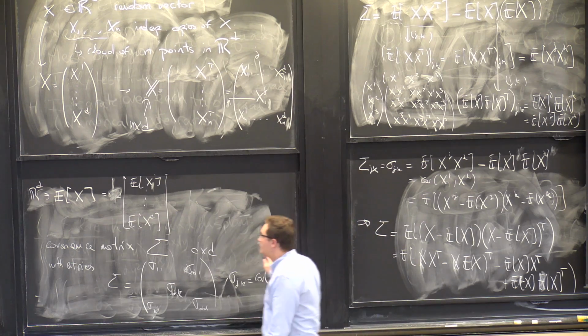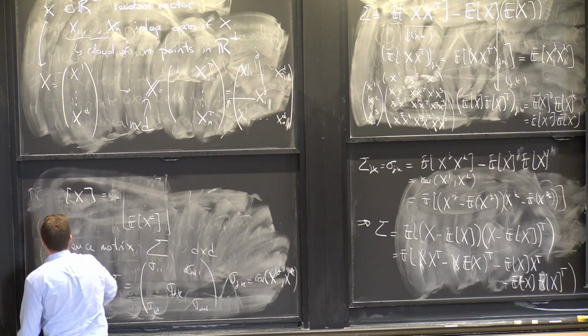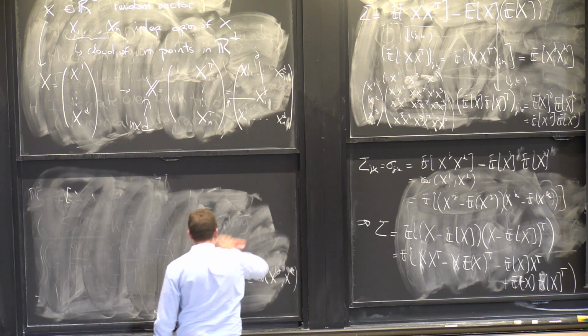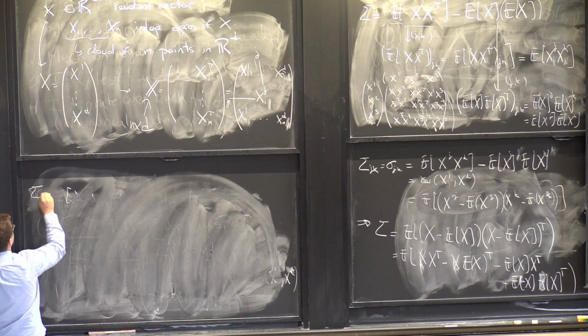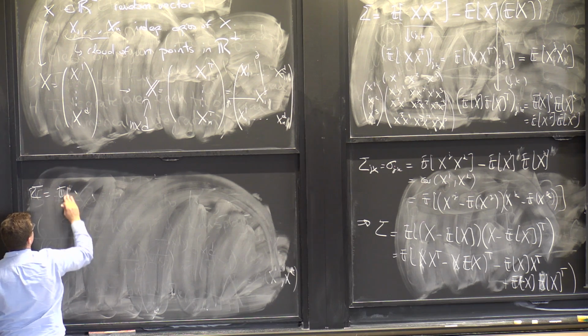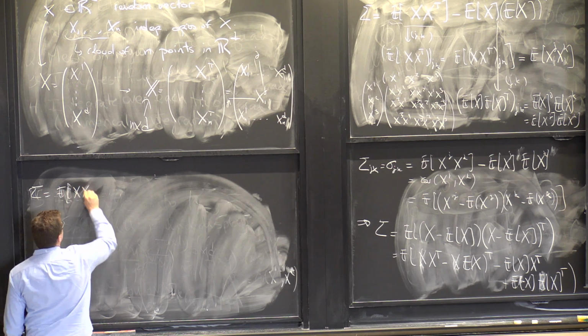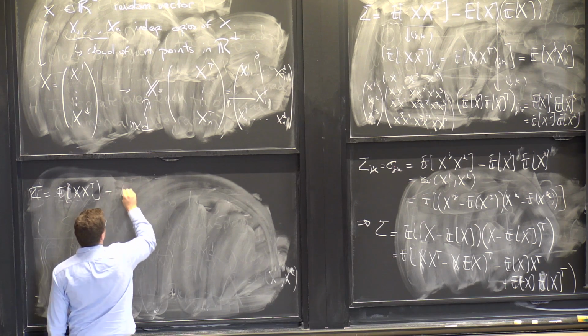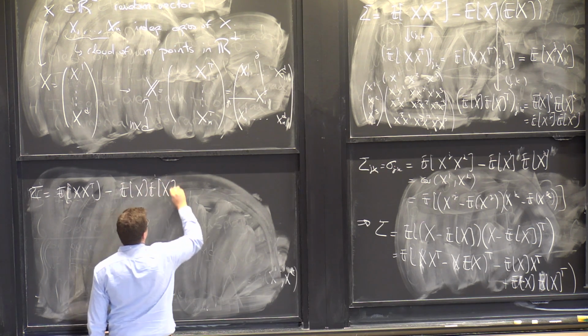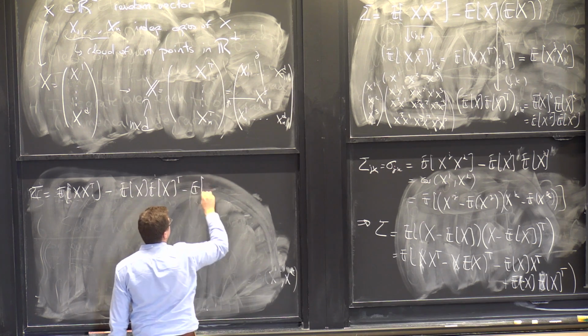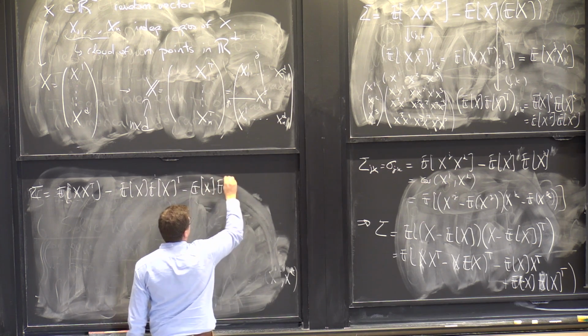And so just because the expectation is linear, what we have is that sigma now becomes equal to the expectation of x x transpose minus the expectation of x expectation of x transpose minus expectation of x expectation of x transpose.